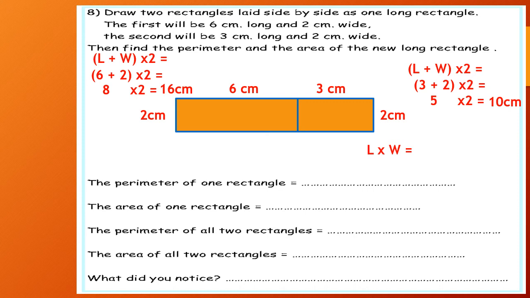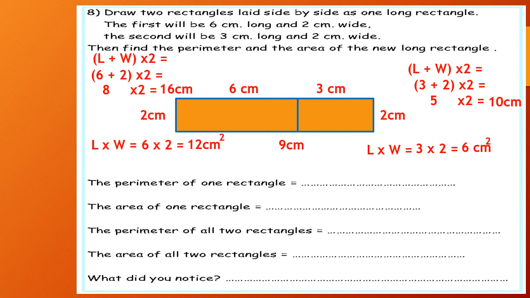The area of each rectangle, length by width, 3 by 2 equals 6 meters squared. And the second rectangle, 6 by 2 equals 12 centimeters squared. The long side of these two rectangles, or the big rectangle, is 6 plus 3 equals 9 centimeters.